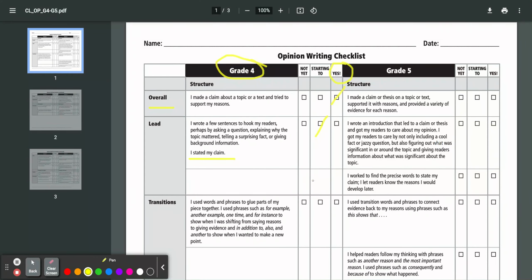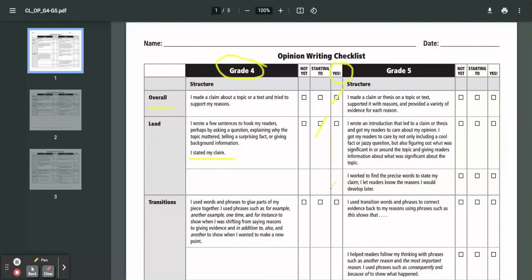I use transition words and phrases to glue parts of my pieces together. I use phrases like for example or one time, for instance, to show I was shifting to different reasons. You'll see these transition words at the beginning of your paragraphs to show that you are starting a new idea or a new point.